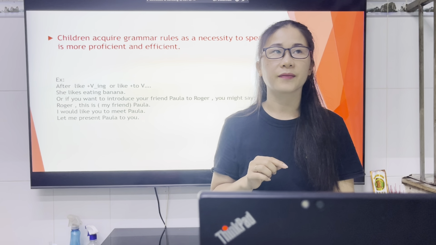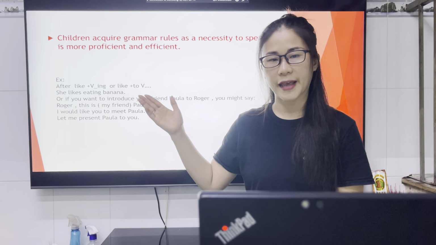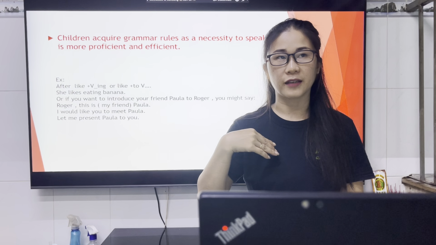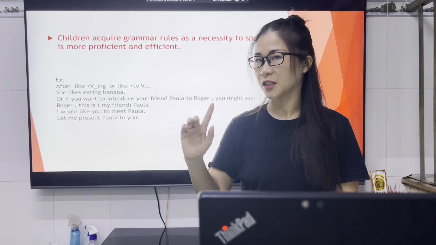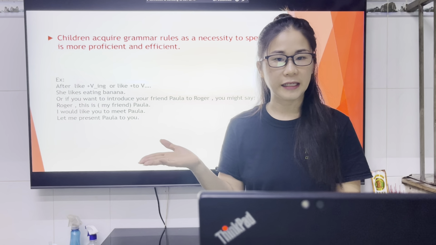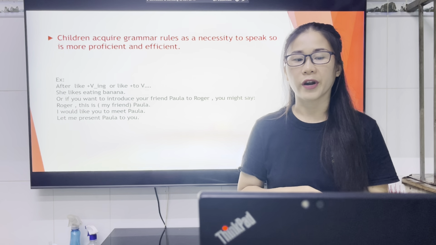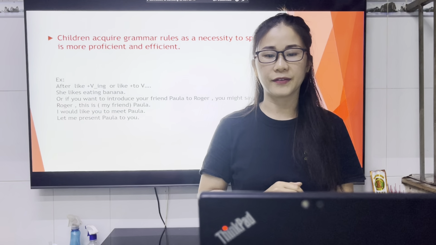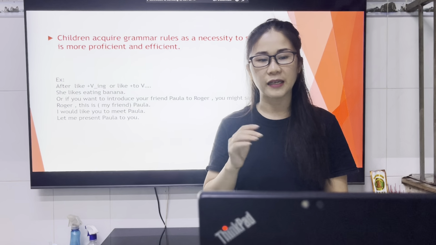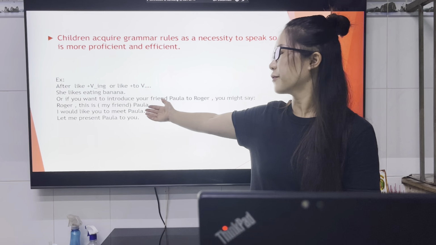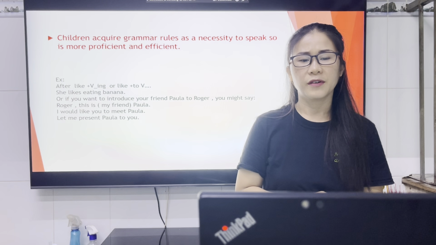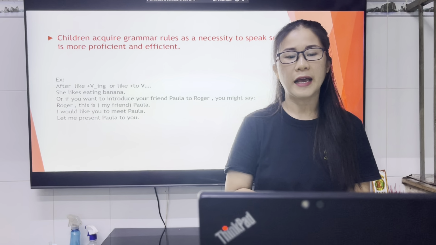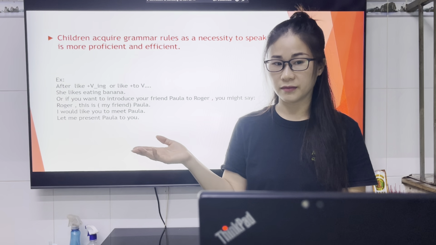We say I like eating bananas, or she likes eating bananas, or we say she likes to eat bananas, but we don't say she like eat banana. Or if you want to introduce your friend Paula to Roger, you might say, Roger, this is my friend Paula. Or Roger, I would like you to meet Paula. Or let me present Paula to you.